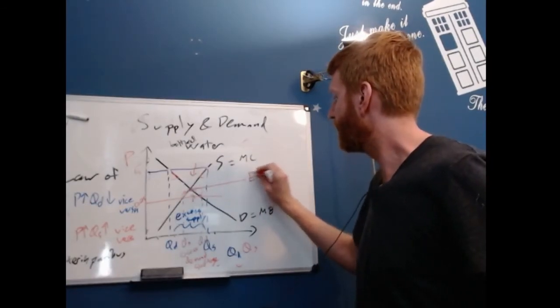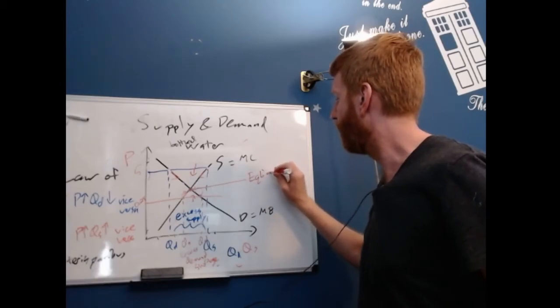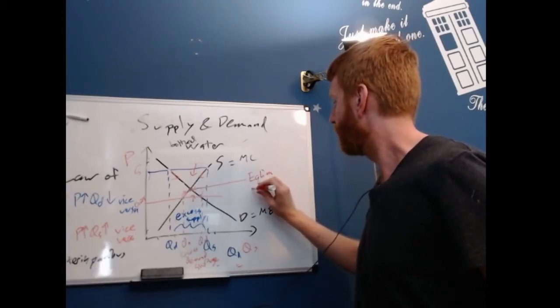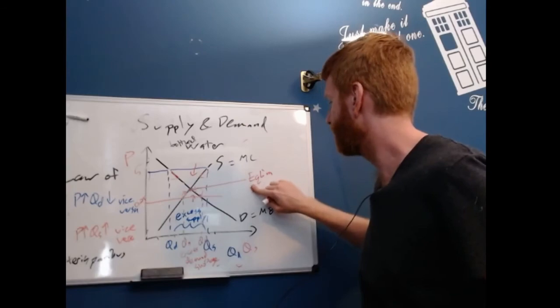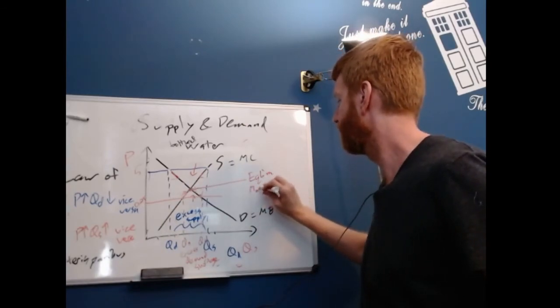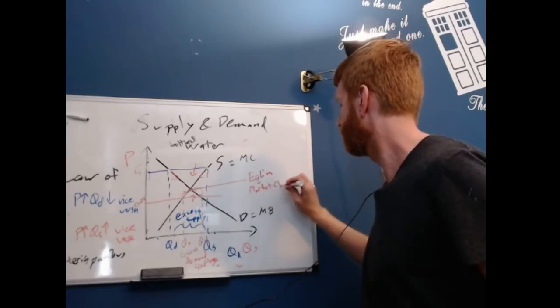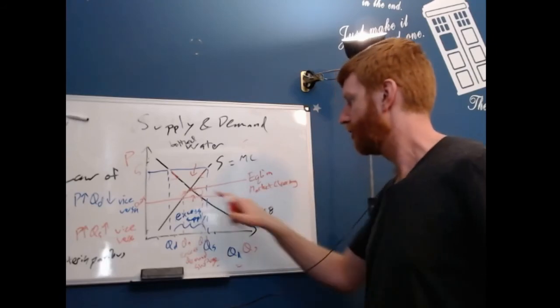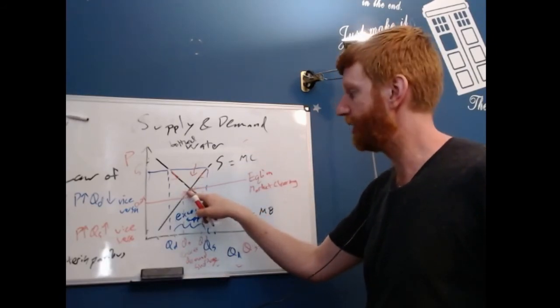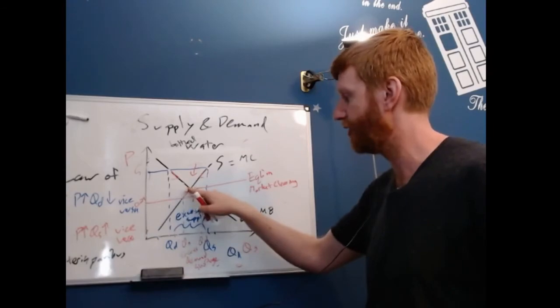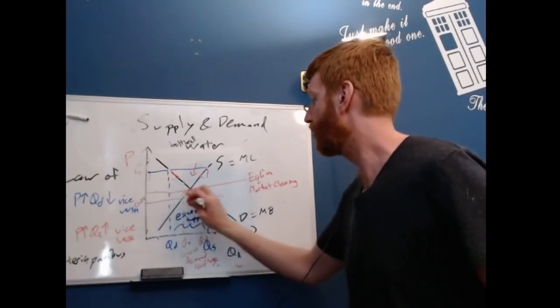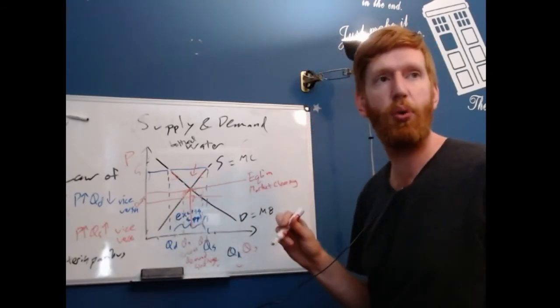This we call either the equilibrium point, or we call this the market clearing point. This is the point that is the combination of the price and the quantity, where quantity supplied equals quantity demanded.